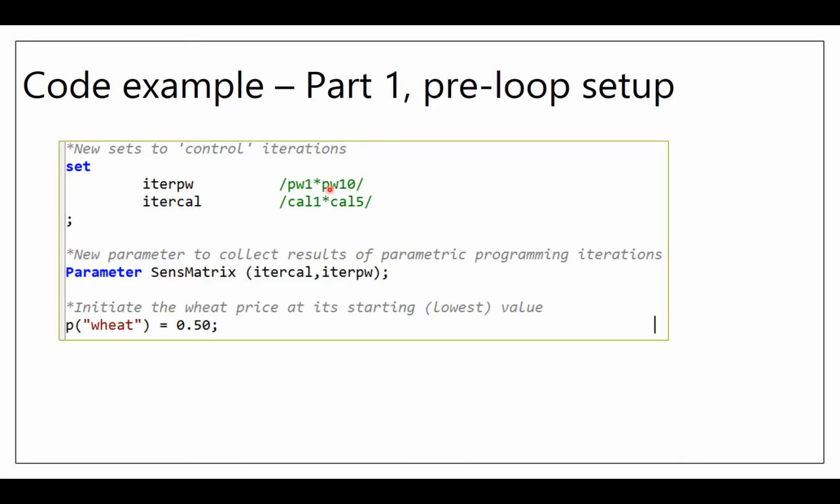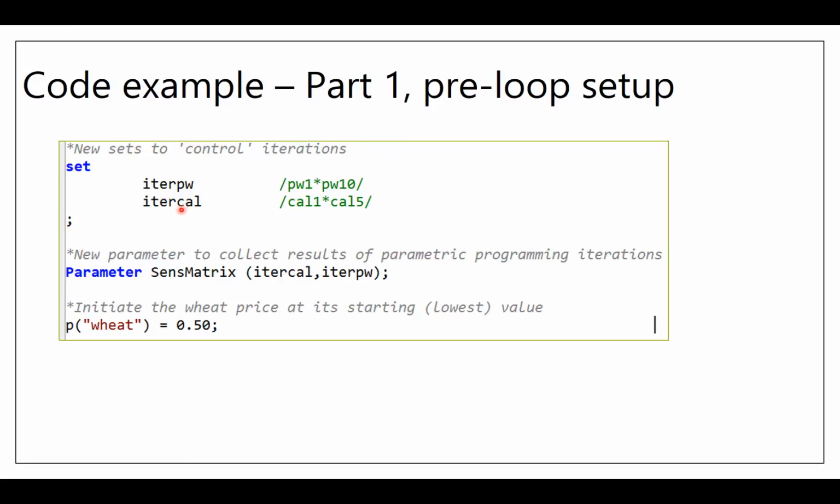And so writing this statement is equivalent to writing PW1, comma, PW2, comma, PW3, comma. And so it's very common when you're going to have these iterations to just make them some identifier with a number at the end so that you can quickly generate a large number of set elements.